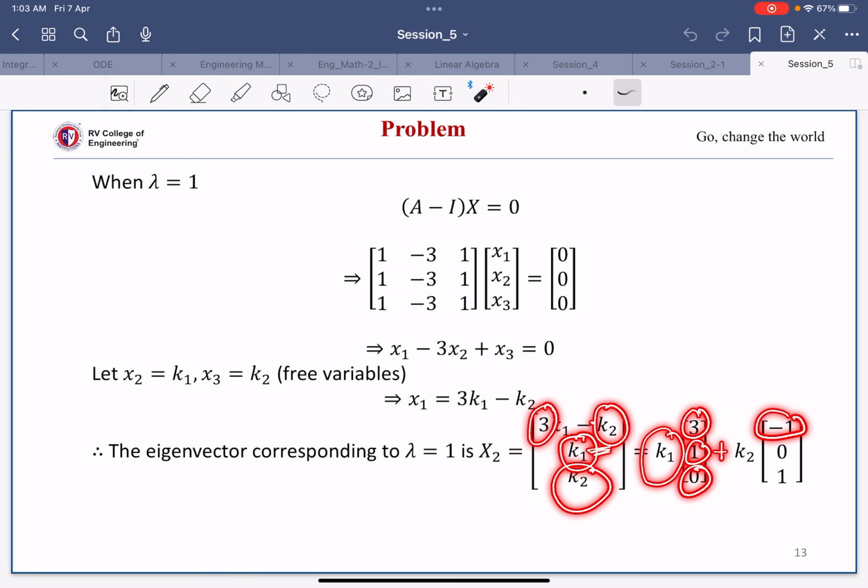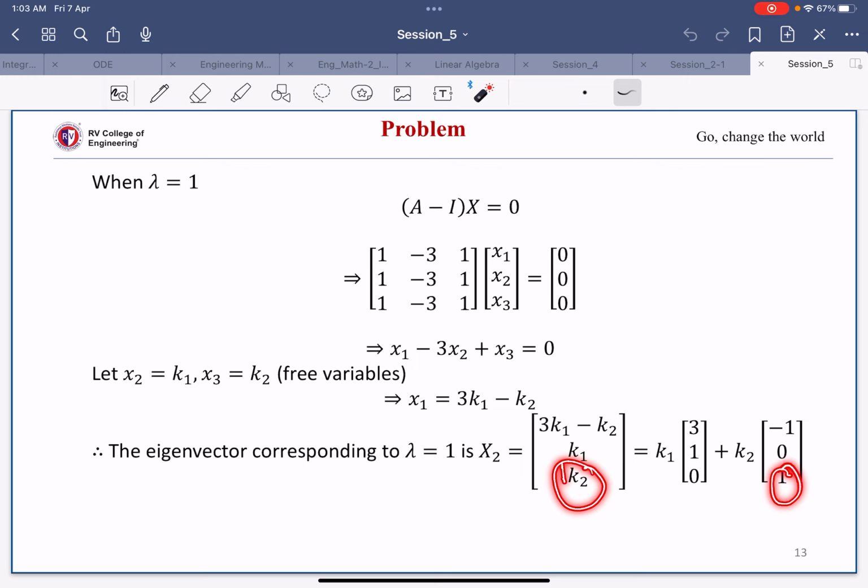There is no k2 here, so it's 0, and we have a k2 here and the coefficient is 1, so that's written here as 1. So if k1 and k2 are 1, we'll have these two as the eigenvectors corresponding to lambda equal to 1, because lambda equal to 1 was a repeated eigenvalue.